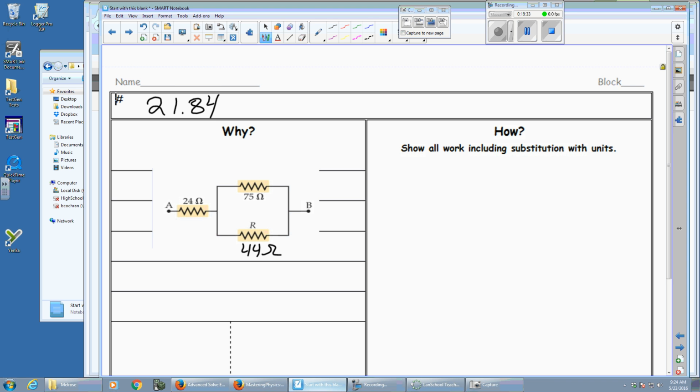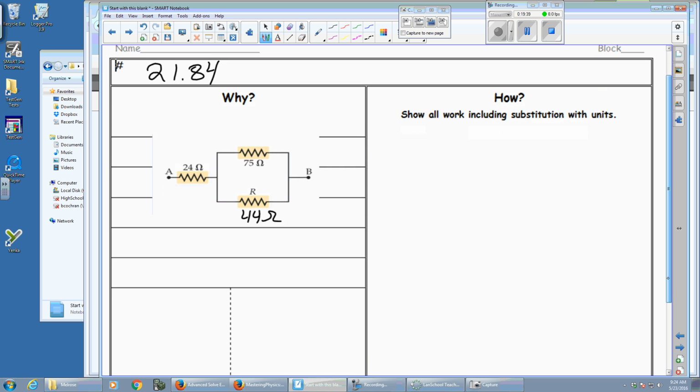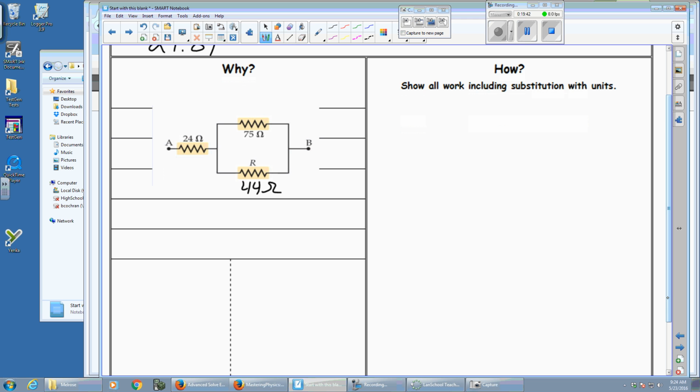Remember, the rule is I can only combine resistors that are either in series or in parallel with each other. So in this first circuit, I've got two resistors that are in series with each other, so I can combine those, and I'll end up with a single resistor that'll then be in series with my 24 ohm resistor. Then I can combine those two resistors since they're in series, and I'll be down to a single equivalent resistance for the points between A and B, and thus my job is done.